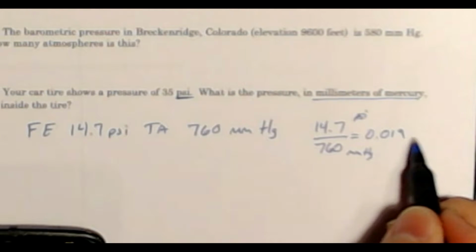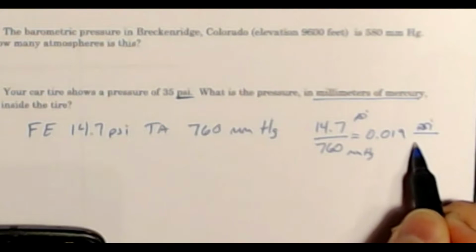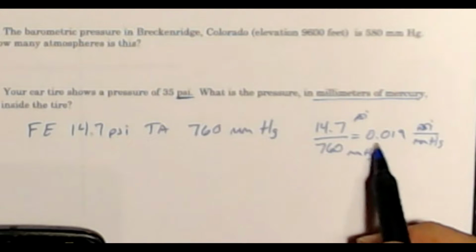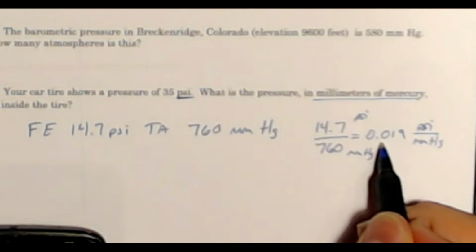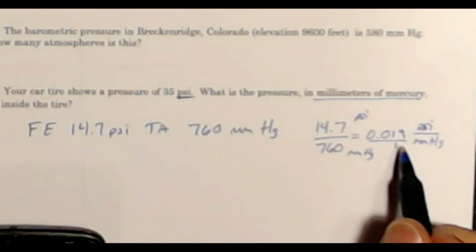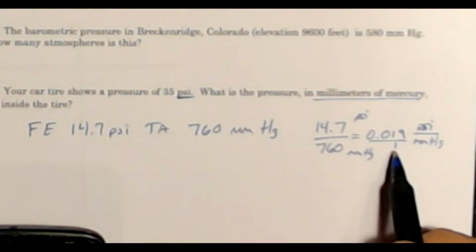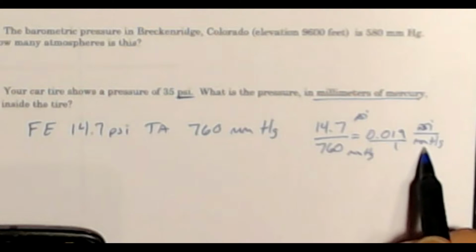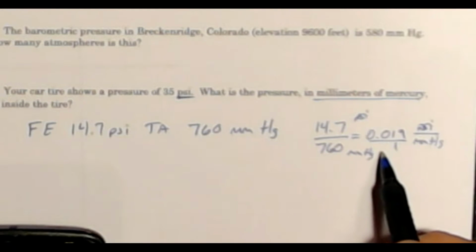So the units of this number would be psi over millimeters of mercury. That's basically saying for every 1 millimeter of mercury I have, because you could rewrite this 0.019 as 0.019 over 1. Anything divided by 1 is itself. 0.019 psi for every 1 millimeter of mercury.